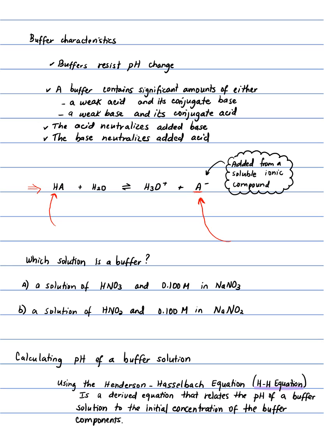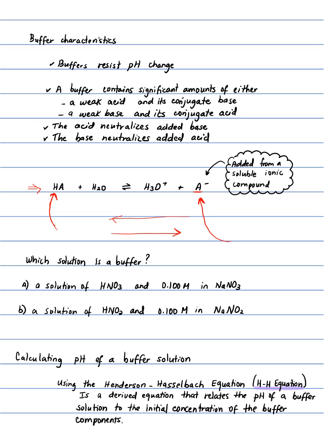If your acid is combined with the conjugate base, your equilibrium is going to be shifted in that direction because you're decreasing the concentration of the conjugate base on the product side. If you're adding the base, you're removing something from the reactant side, which means that the equilibrium will be shifted towards your product. So that's how a buffer is actually working when you're adding an acid or a base to a buffer solution.